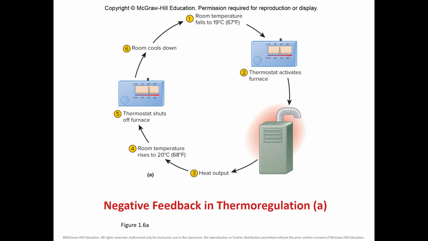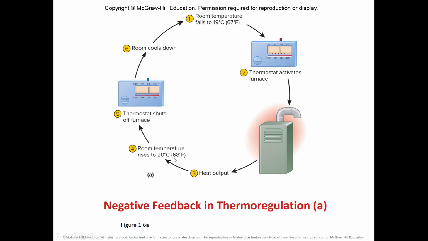to regulate the environment temperature in a room. So in a room, if you set your thermostat to maintain the temperature to 67 degrees Fahrenheit, your thermostat will activate the furnace if it's colder than this temperature, and then you will have this furnace generating heat that is going to be released into the room.